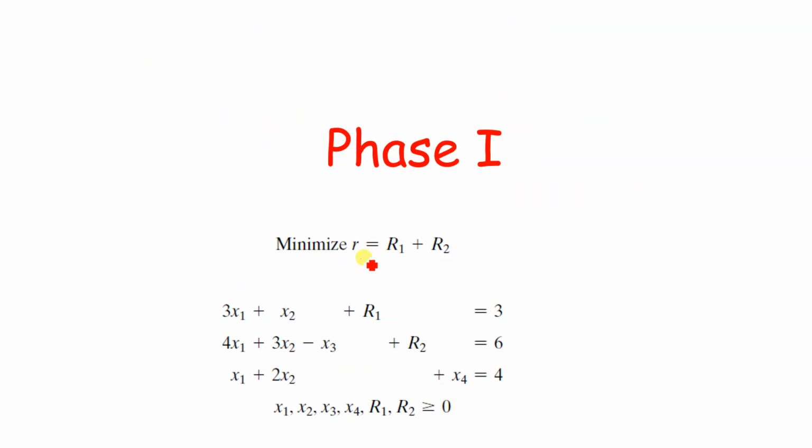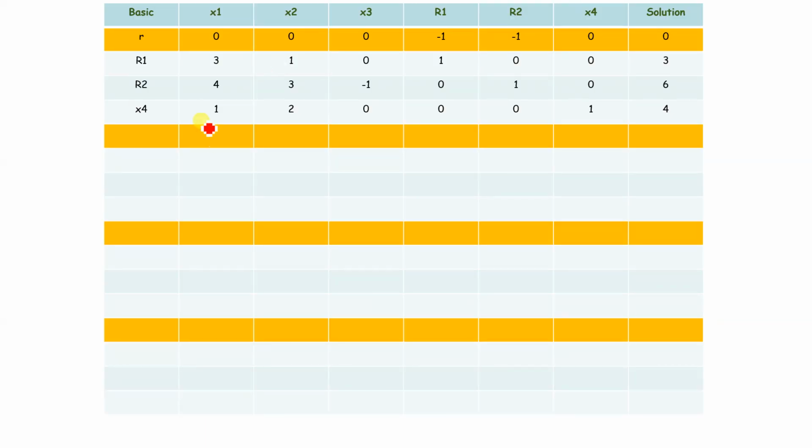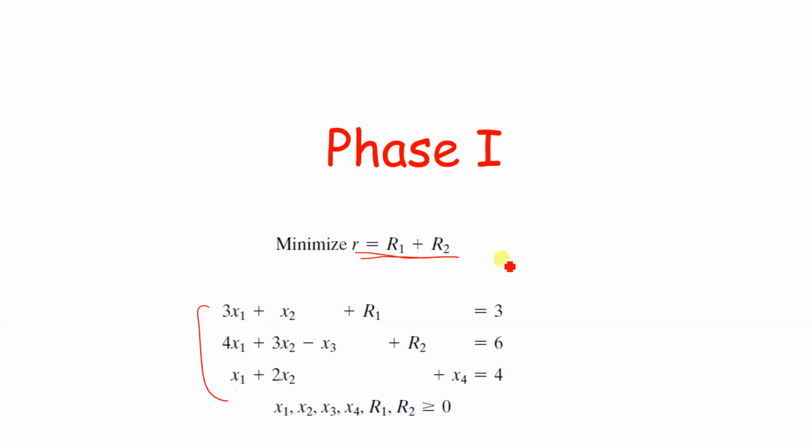We have to minimize the sum of artificial variables under these constraints using the simplex method. Let's construct the initial tableau of the simplex method. This is the initial tableau because we have the equation r minus r1 minus r2 equals 0, and we have all these constraints.